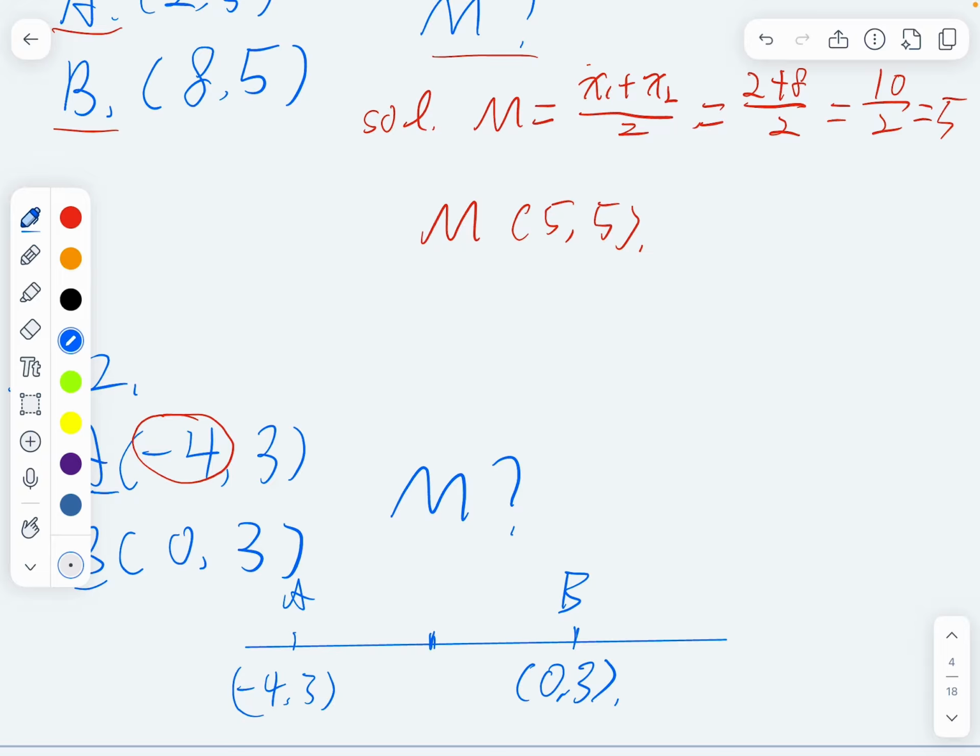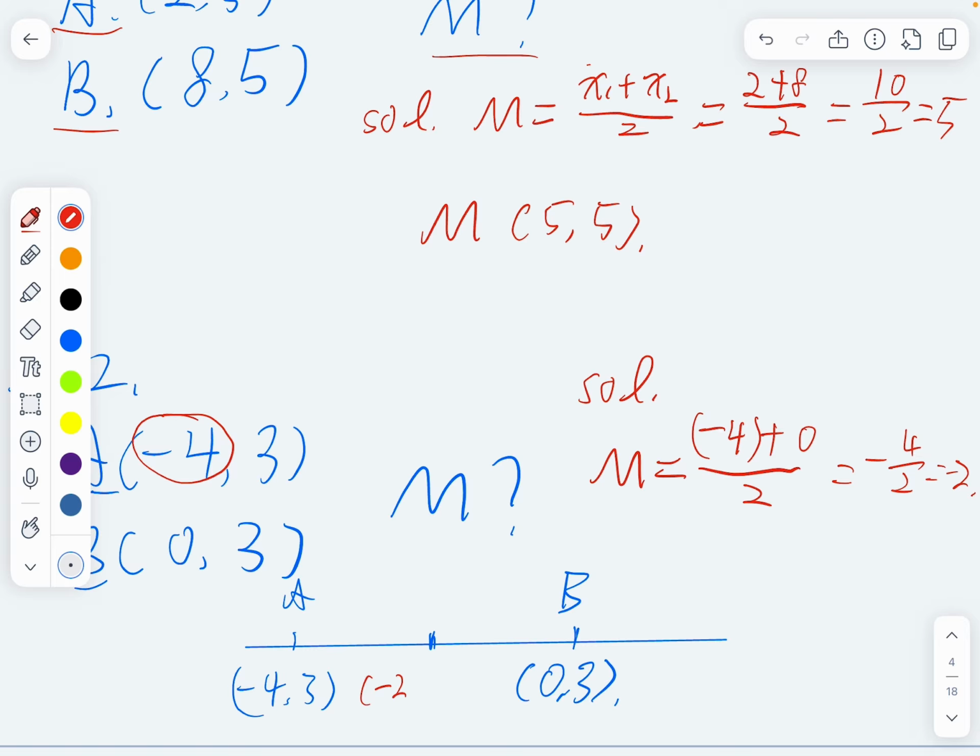It is the same: just add the x values together, negative 4 plus 0 over 2, which is negative 4 over 2, equal to negative 2. So the point is (negative 2, 3).